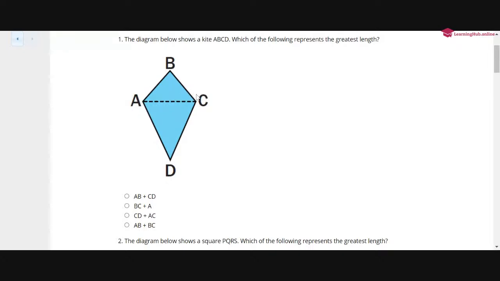So AB and CD, that's the first one that is leading. Then we have CD, which is this one right here, plus AC. Now that is taking the lead. Now look at the third option, AB right here, plus BC right here. So far it would be CD, which is this one here, plus AC. That's the answer.